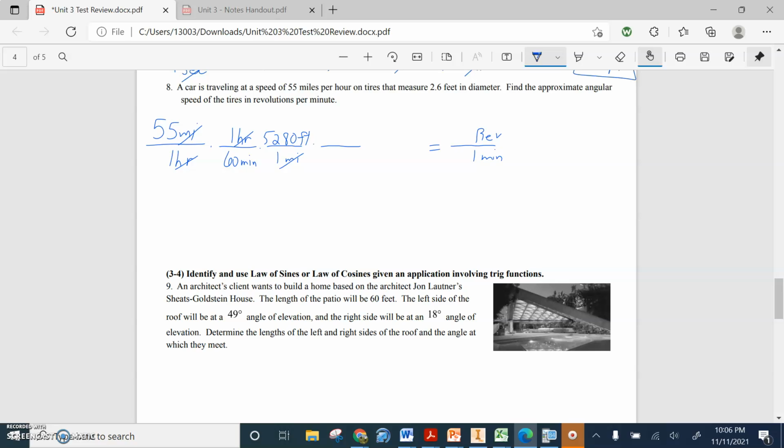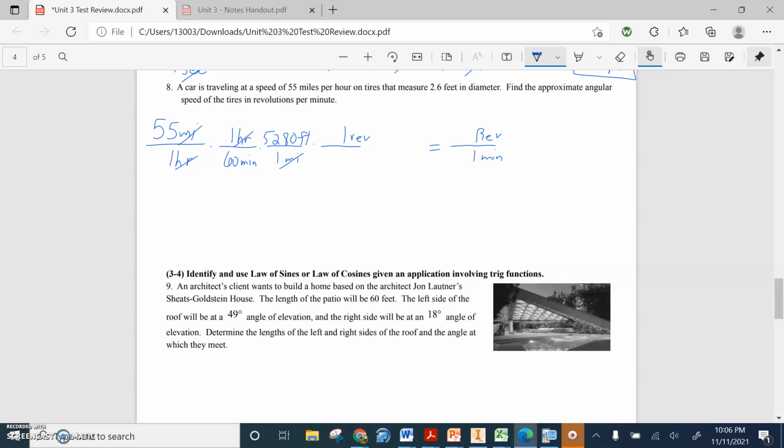And the one thing to note, we do have information regarding the tire in feet, 2.6 feet in diameter. So the last thing we can do is we can say that 1 revolution of this tire is 1 circumference.